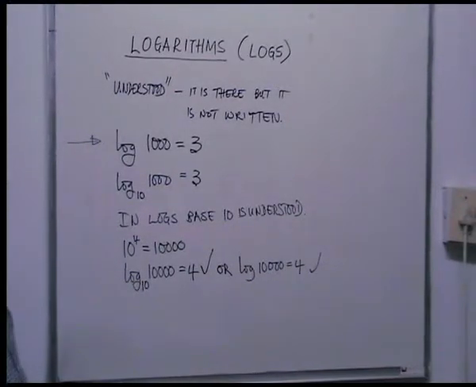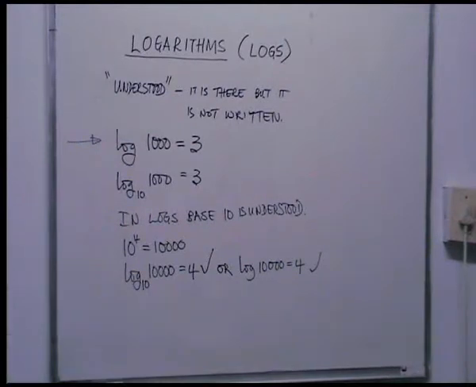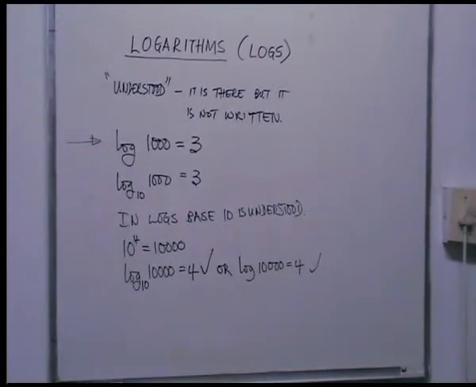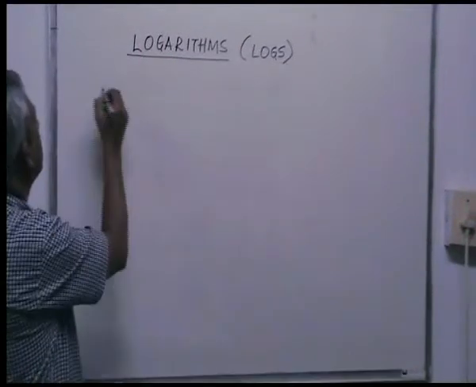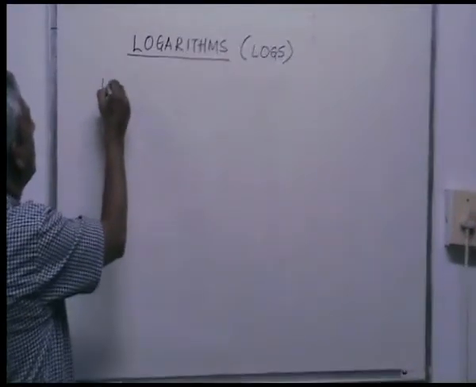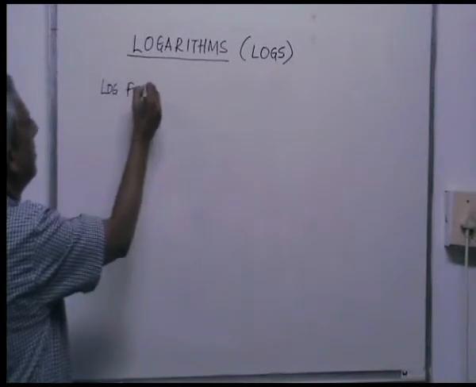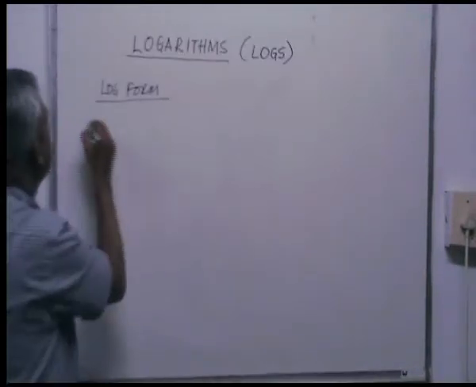Right, let's move on to what I'm going to do. In the next section, I'm going to give you an exercise where the sentences are written in log form and you're going to write them in index form. So that's where we're moving next. Let's take an example.